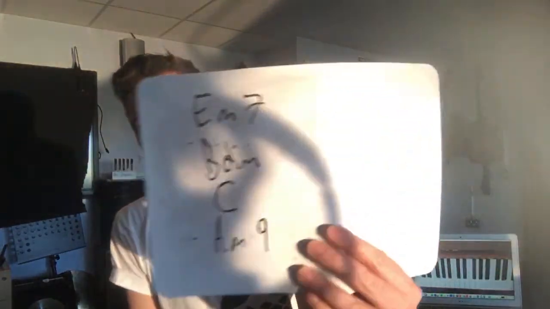What's next? I can't remember what I said. Does anyone? I think it was just C. C, and we substituted the F to A minor 9. I think that was it. Could be wrong.